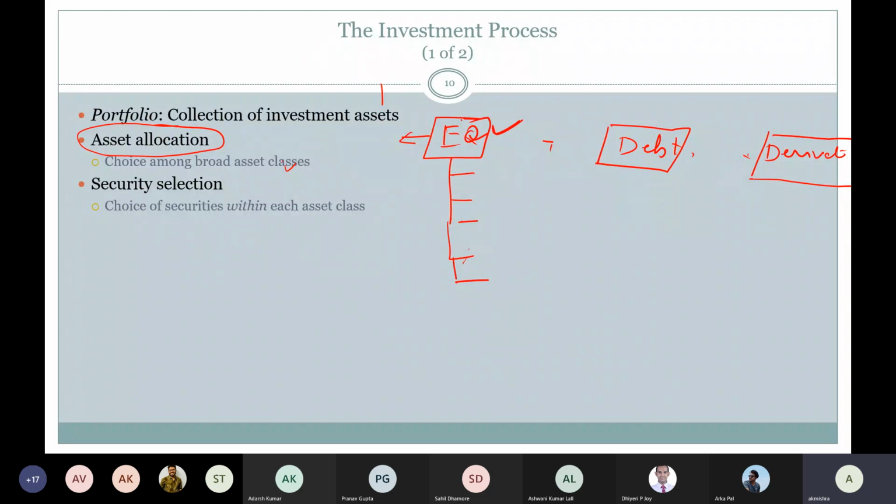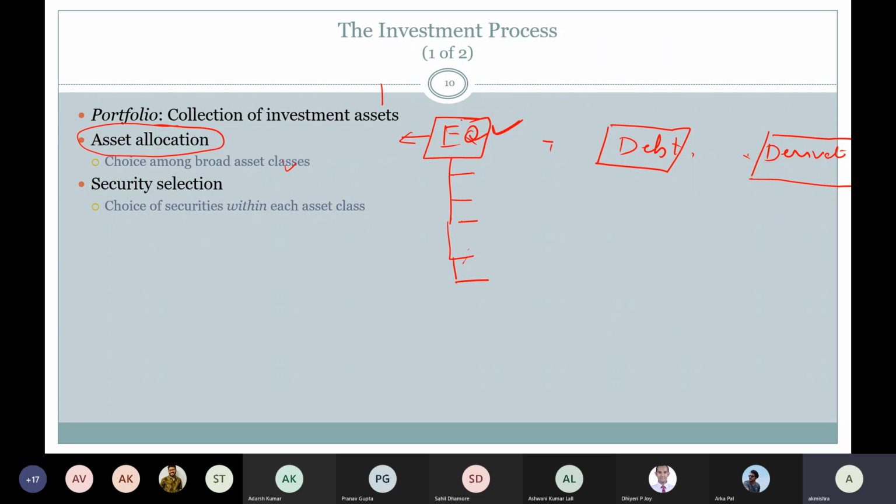For the second process you will have to do lots of calculation, like portfolio optimization, and looking at the various characteristics, risk and return profile of those securities. So this process of first asset allocation and second stage of security selection, this process of creating a portfolio, we call it the top-down process of investment.